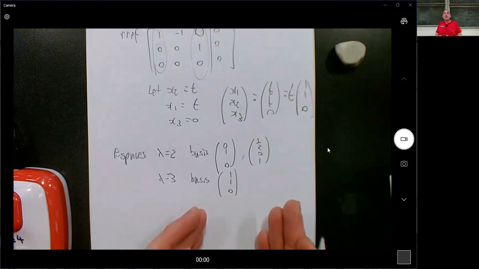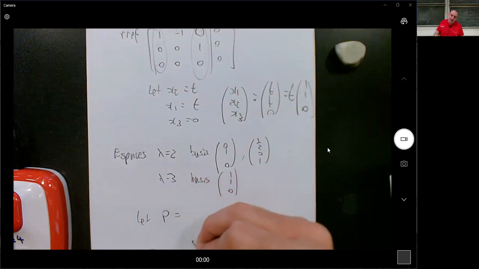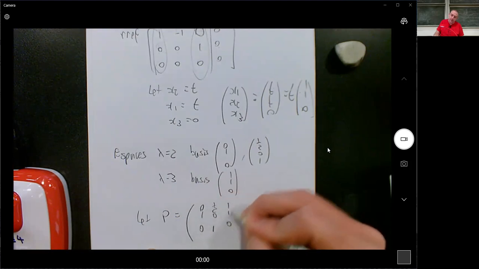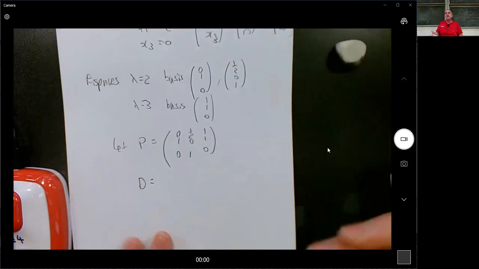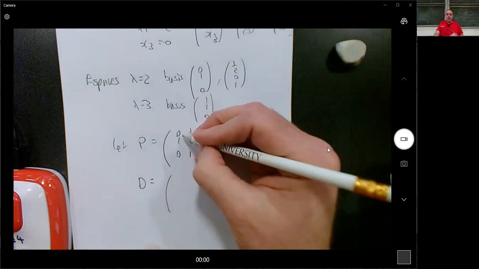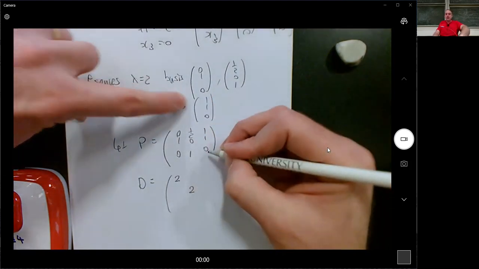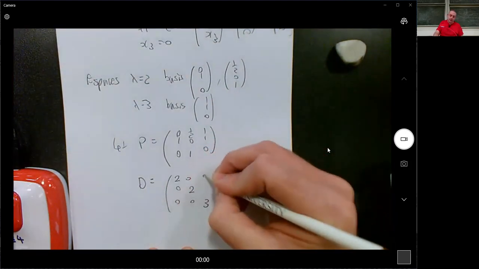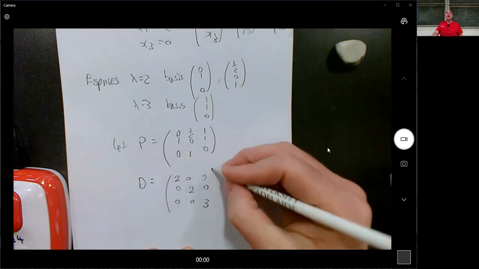P can be made out of these vectors, and it doesn't matter what order you put them in, as long as the matrix D has the eigenvalues in the same order. This eigenvector went with 2, so I put a 2 here. This eigenvector also went with 2, so I put a 2 here. This eigenvector went with 3, so I put a 3 here. But I could have just as easily switched these 2 and it would still be correct.